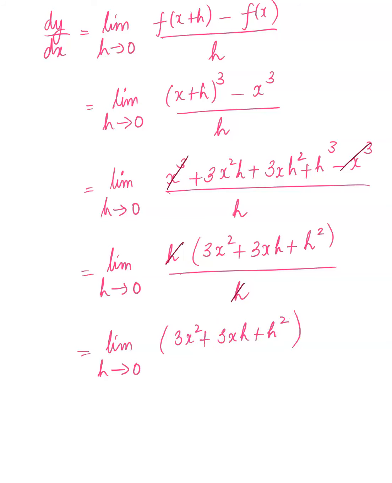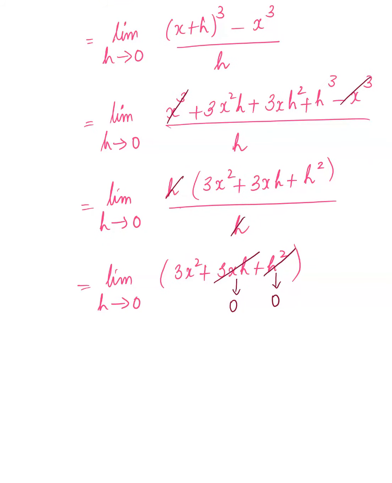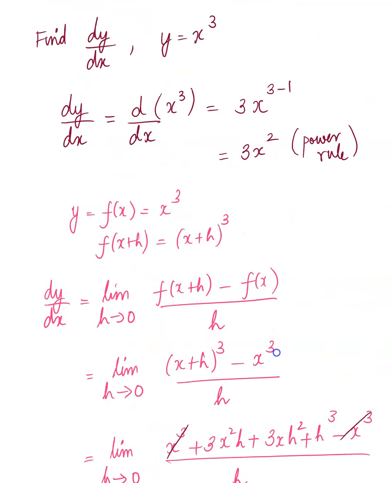And when you allow h to approach 0, this term goes away, right? Because it's got an h in it, so it's going to become 0. This also becomes 0. So upon applying the limit, we get 3x squared as our answer. And what you see up here was the same thing, 3x squared. We just got that in a jiffy, right? We didn't go through this entire process.